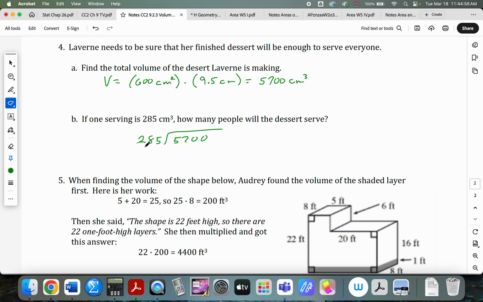Let's see, if we double that, that would be 570. Oh, that goes nicely. It'll serve 20 people.